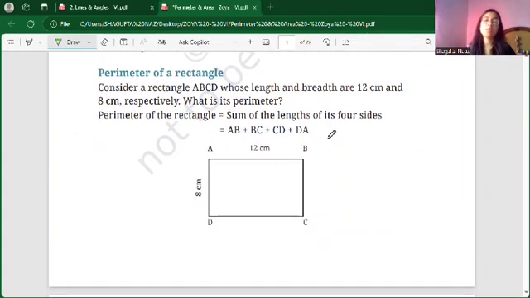Now, what do we understand about the perimeter of a rectangle? Here we have a figure of a rectangle. The perimeter of a rectangle will be the sum of the lengths of its four sides.